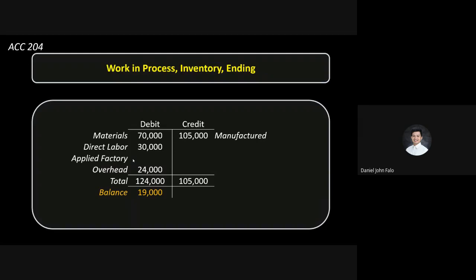And then, the total amount of debit is 124,000. Therefore, we have a credit of 105,000. Therefore, the balance of work in process inventory ending is 19,000. Okay? Next.